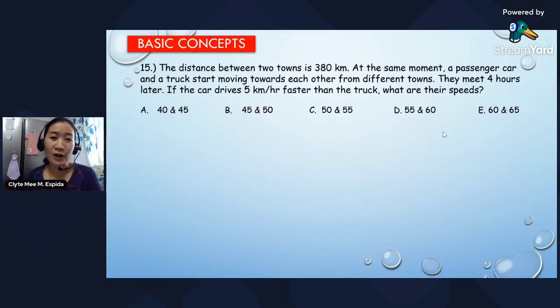Nag-meet na sila after 4 hours. And the question is, what is their speed? When we try to see the choices, everything is possible. Kasi masasabi natin na yung difference ng given is 5: 40, 45, 45, 50, 50, 55, 55, 60, 60, and 65.